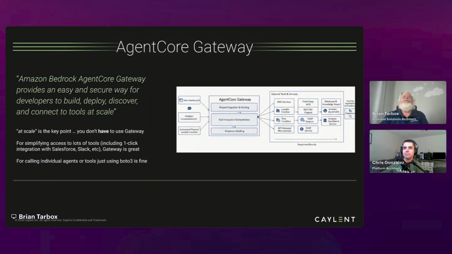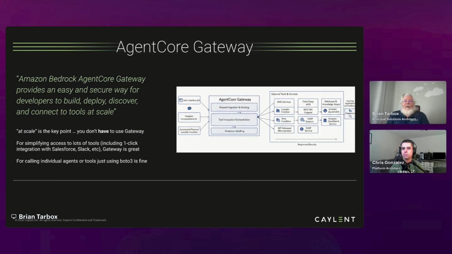So now we move over to Gateway, and one of the rationales for Gateway is to find tools. It's designed to discover and connect to tools at scale. And the at scale is important. If you have lots and lots of tools and lots of agents, then Gateway can be very handy for finding them.